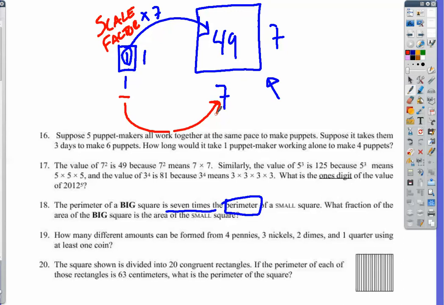A similar figure has the exact same shape, the exact same angles, but it does not need to have the same size. Two similar figures can also have the same size. That would be a scale factor of 1, because when you multiply 1 by another number, you get the other number. And that is congruent.